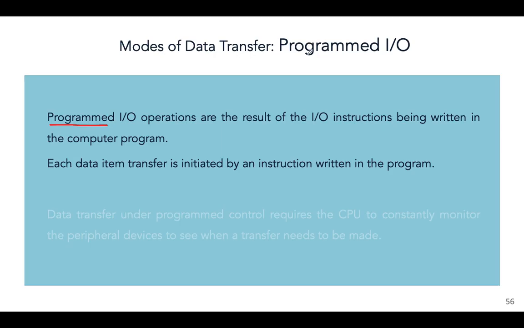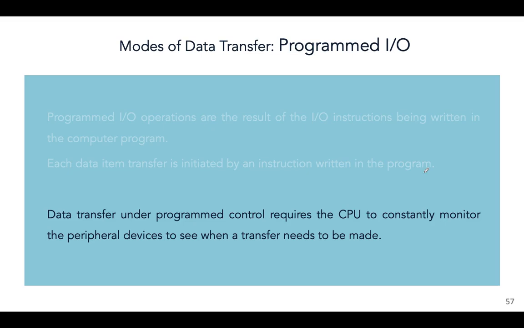So in the programmed IO mode of data transfer, input-output instructions have been written in the form of a computer program, and each data item transfer is initiated by an instruction written in the program. That is, the entire data transfer is controlled exclusively by this program that has already been written and placed in the memory.